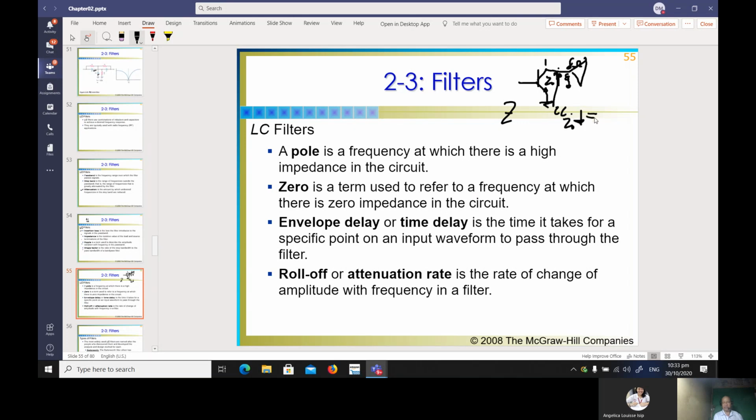Now, it's ready to connect your speaker there. If this is your amplifier, you cannot connect them directly. So we need an interfacing technique para mapakinggan mo ang speaker.